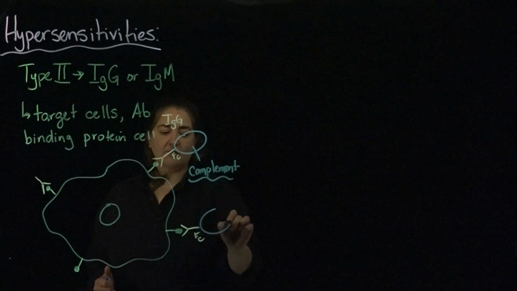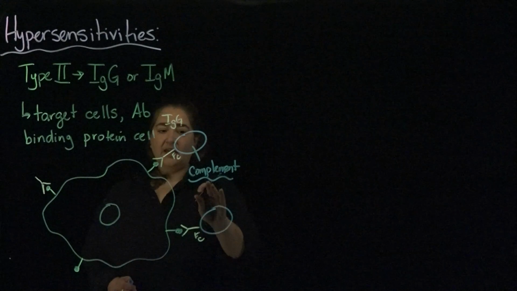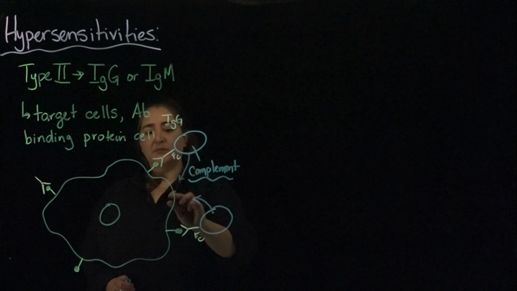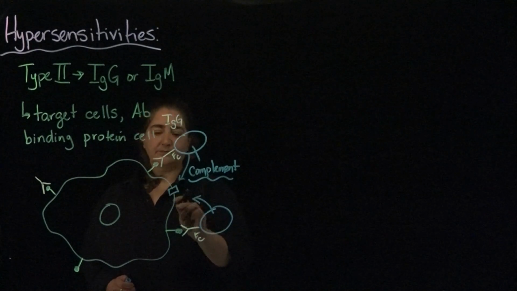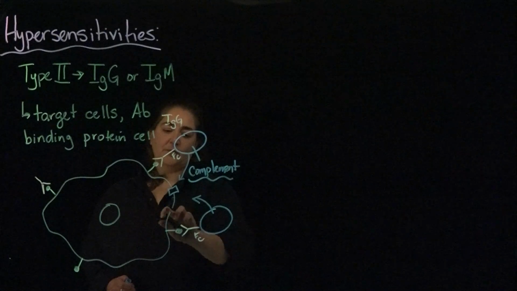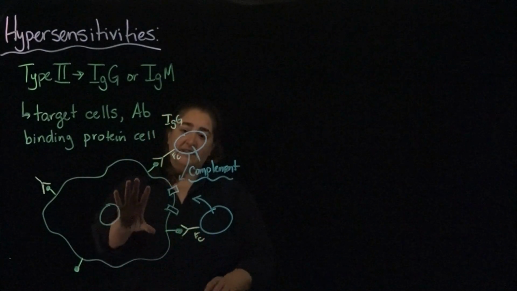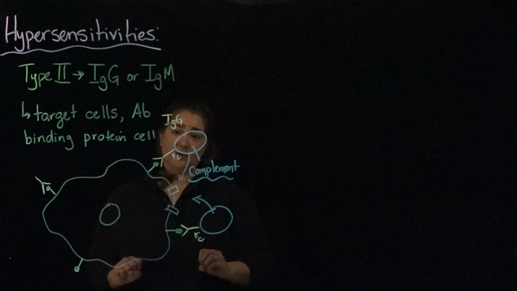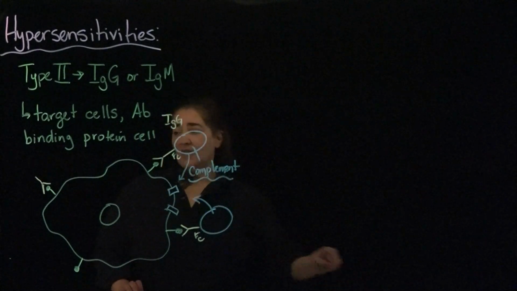Those complement proteins will recognize the Fc portion. Then complement works to essentially open up a pore in the cell, and the cell ends up being lysed if complement is the way this is activated. So complement is one way this can happen.